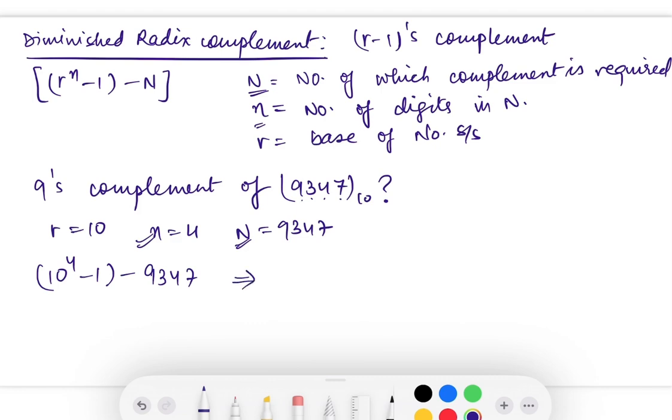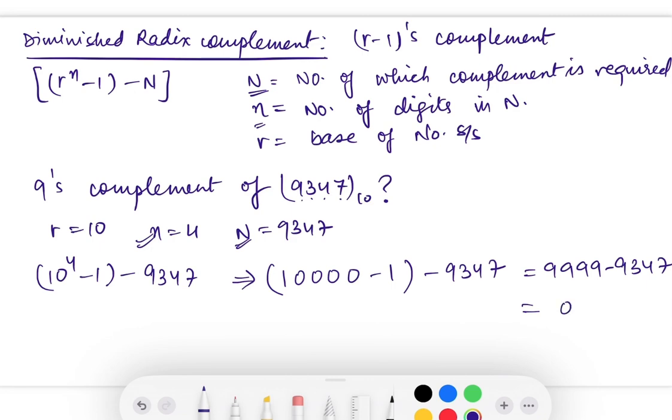So what is this? 10 raised to the power 4 is 1 followed by 4 zeros, minus 1 minus 9347. Now what is this? 4 times 9 minus 9347, which is equal to 0652. So this value is the 9's complement of this number.